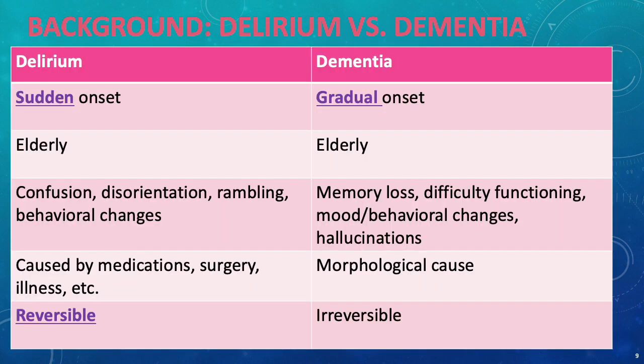It can sometimes be difficult to distinguish between delirium and dementia, so I do have a chart here for you. There are some things that make them seem very similar, but if you focus on the few telltale signs that distinguish them, I think that'd be the easiest way for you to keep it straight.